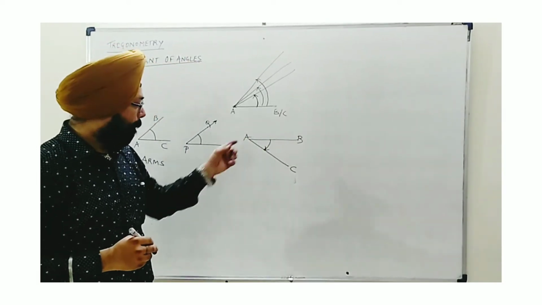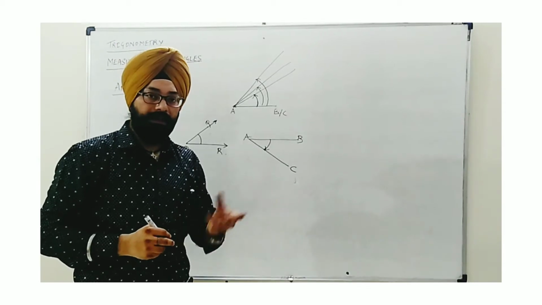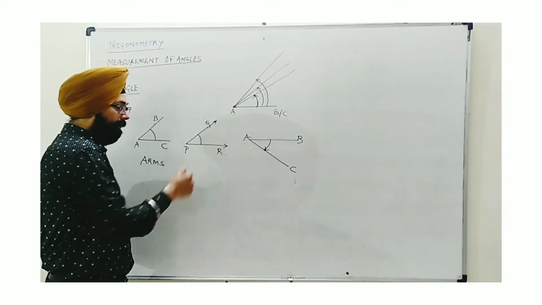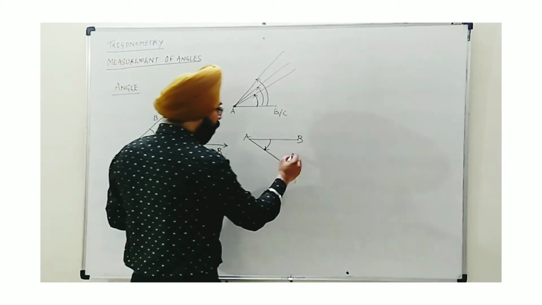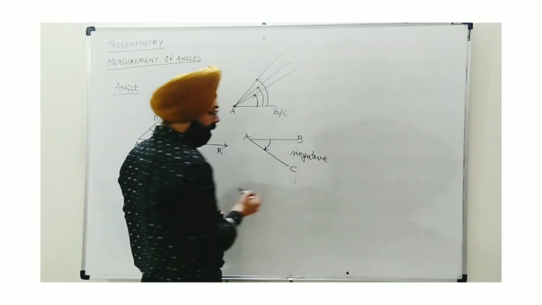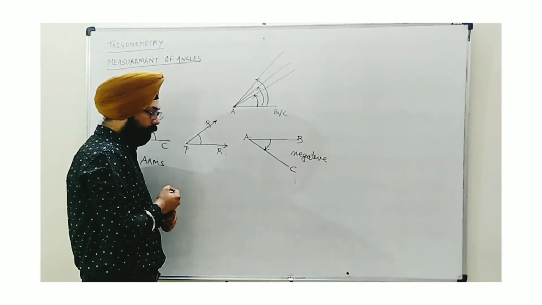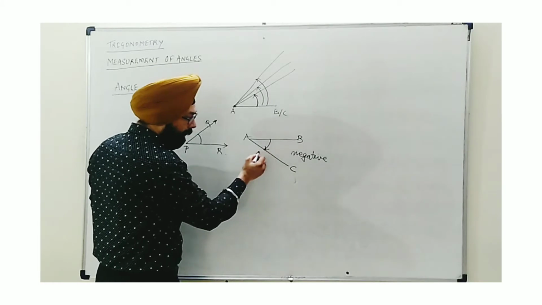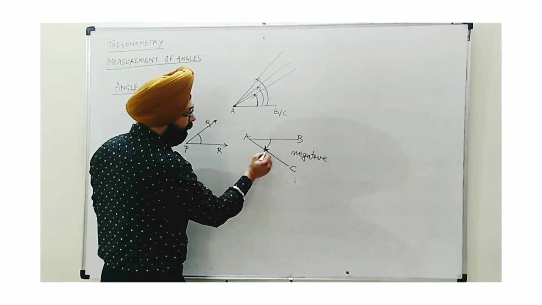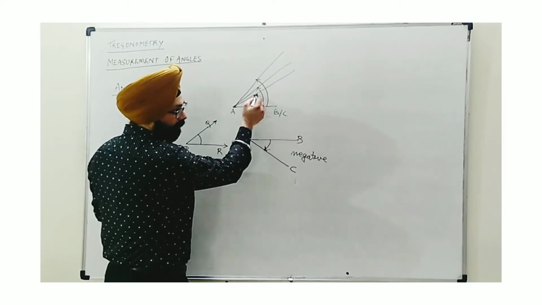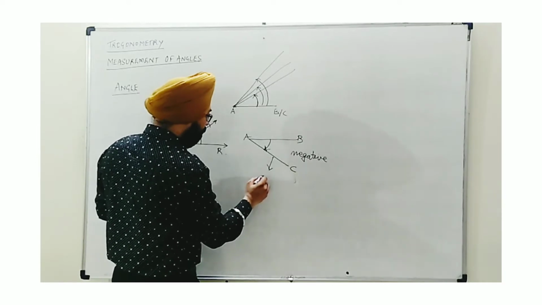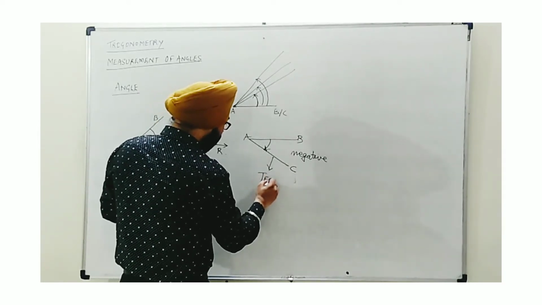Based on this, we determine the names of arms of the angle. I see this is clockwise direction, obviously angle is negative. Negative means we will put a minus sign with that. Also, now this arrowhead points towards clockwise direction. It touches AC. So wherever arrowhead touches, either this anti-clockwise direction or clockwise direction, the arm is known as terminal arm.